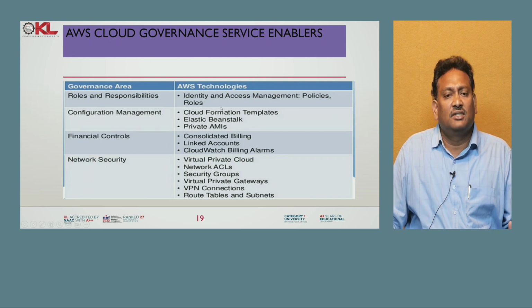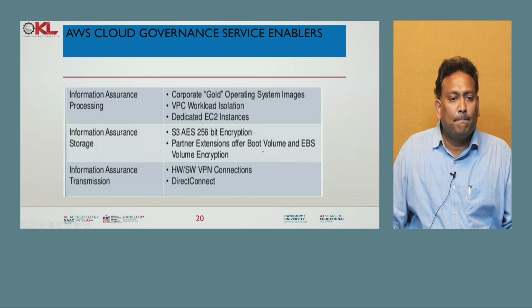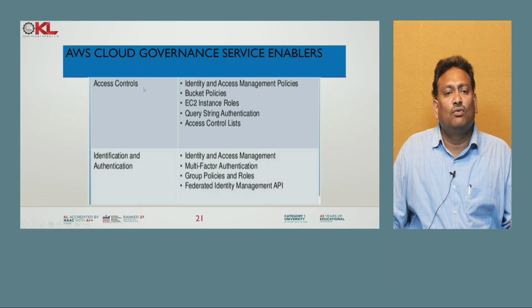We can use AWS services like Identity and Access Management for roles and responsibilities. For configuring applications in the cloud, you can use CloudFormation templates, Elastic Beanstalk, private AMIs. For financial control, you can use consolidated billing, linked accounts, CloudWatch billing alarms. For access control, we can use Identity and Access Management policies.